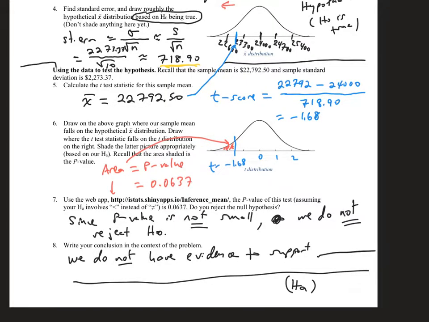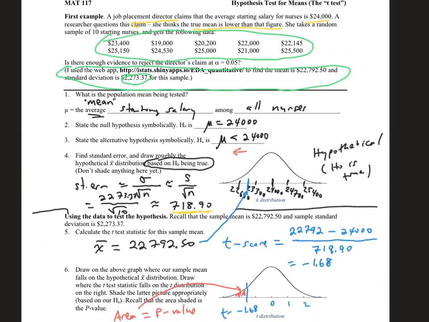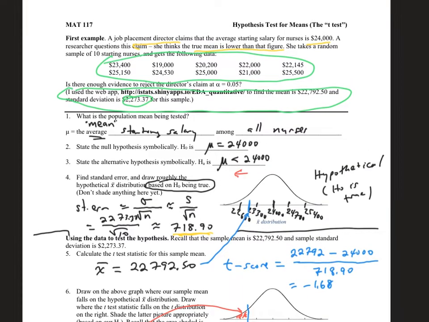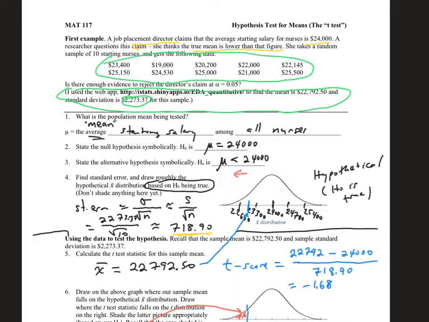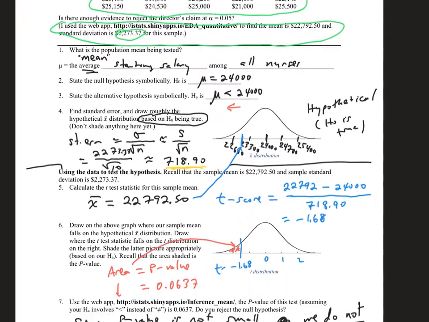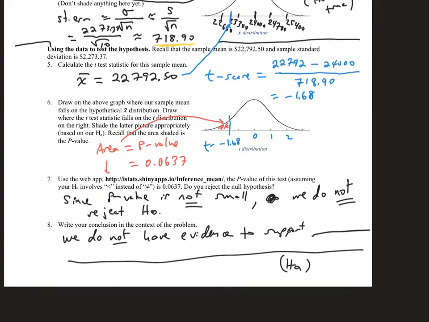Usually, if I'm doing it, I'll go back to my original question and just make sure the HA in the original question was that the researcher thinks the true mean is lower than 24,000. So that's the alternative hypothesis in English. So we do not have enough evidence to support the claim that starting salary is less than 24,000.